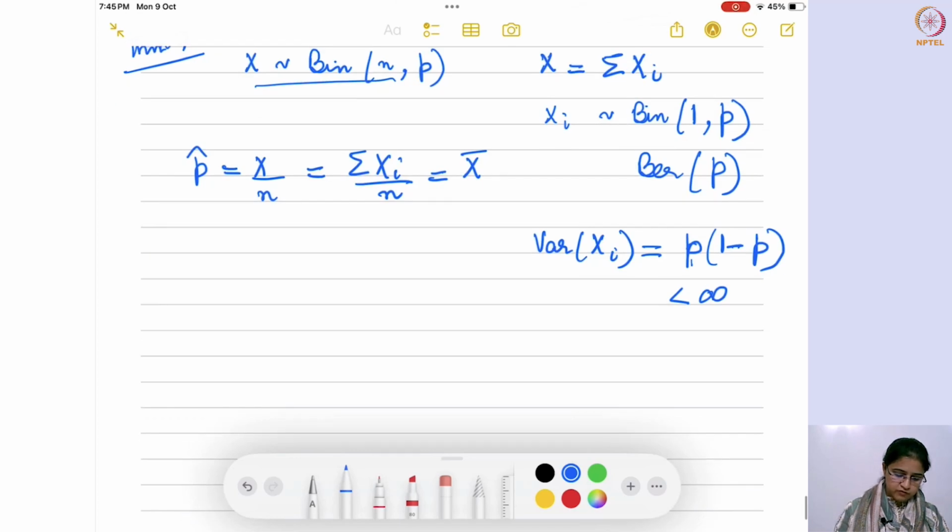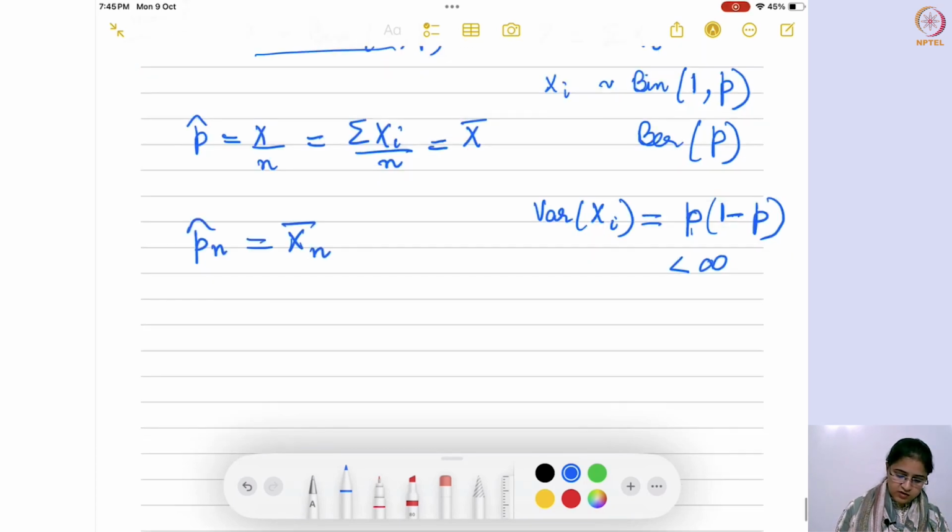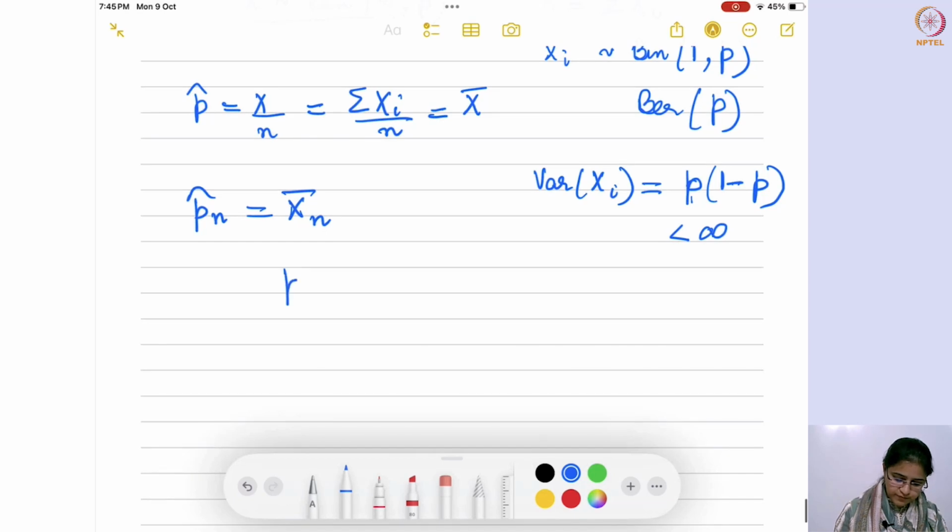So if you consider that p n hat is the same as x n bar, so you add this suffix n, then you can standardize it, because here you can apply the central limit theorem.